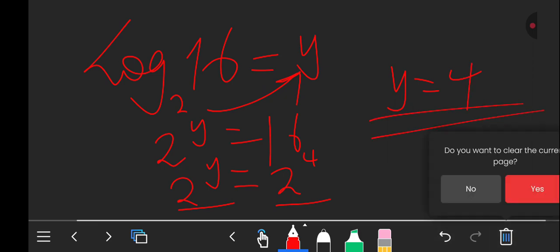That's very simple, right? So let's have another one, a bit challenging, whereby you have log 81 base 1 over 3 is equal to, let's say, x. How can you evaluate this? So this is what we can do.